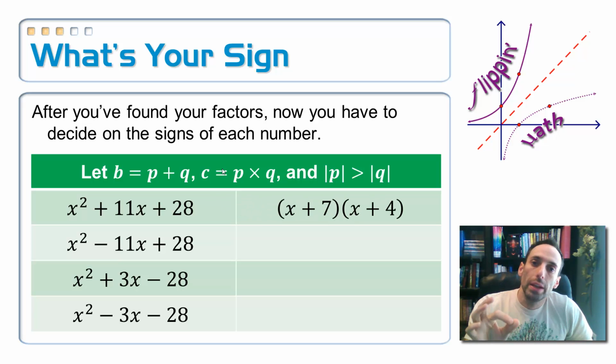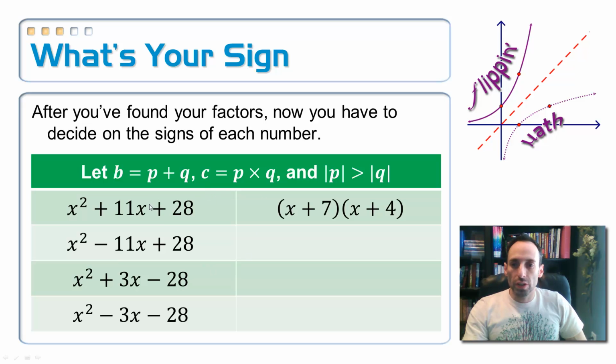Now pay attention to the actual signs here. Both of them are positive. They are both positive because I have a positive product, since a positive times a positive gives a positive number. It could have also been a negative times a negative. However, they both have to be positive because they're going to add up to a positive 11.